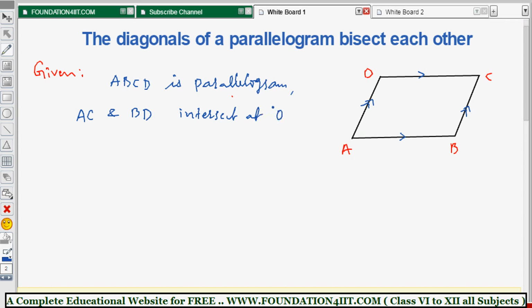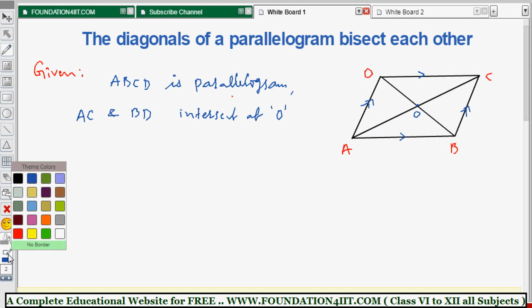We can draw that here. AC is one diagonal and BD is another diagonal. Now according to the given data, they intersect at O. Right. Now what we need to prove?